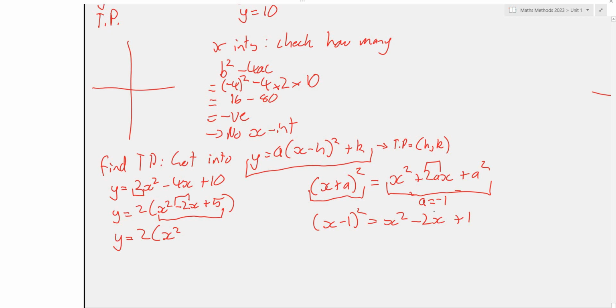Because if you times 2 by -1, what did you get? So can you see that this is the same, but I want to turn that positive 5 into a positive 1, so I'm going to -4 away from it.